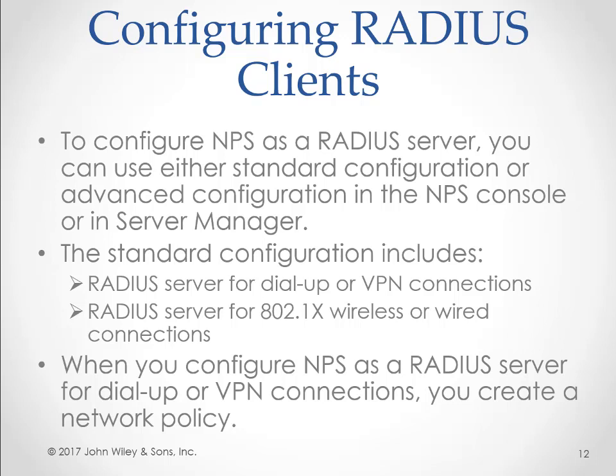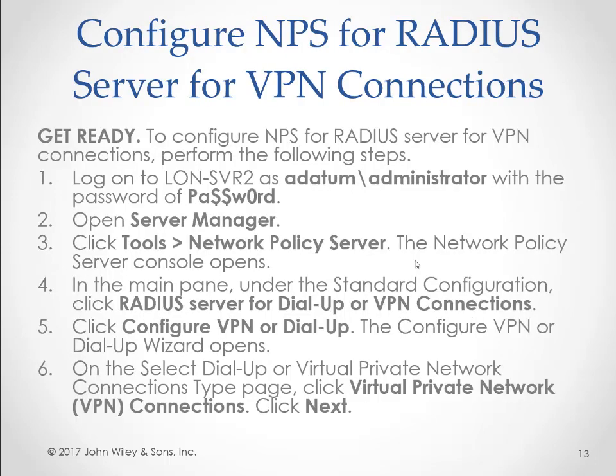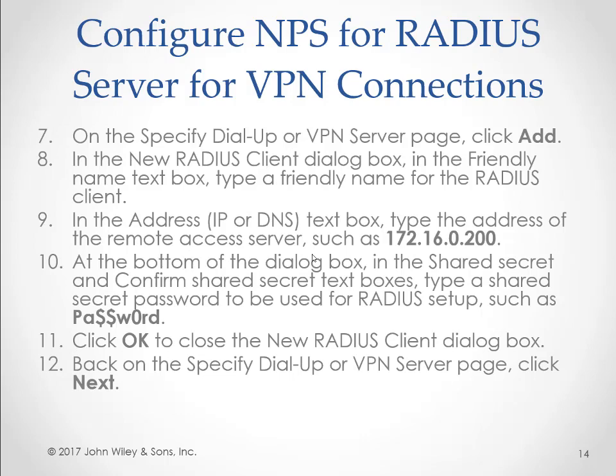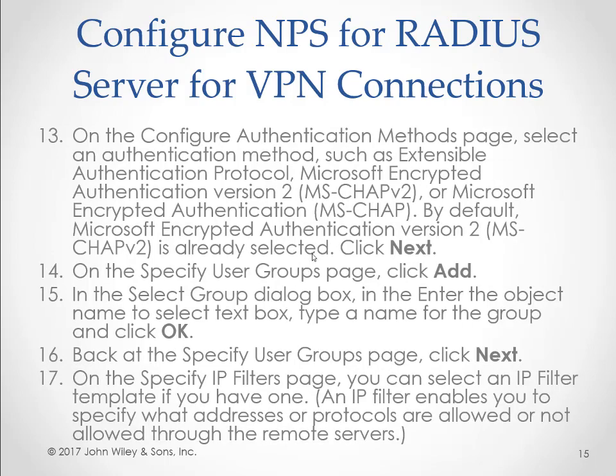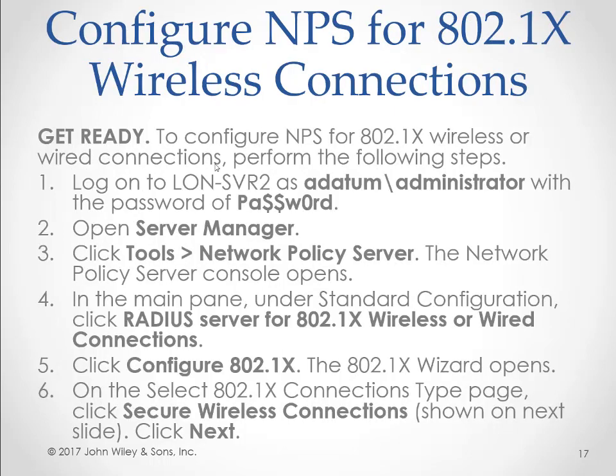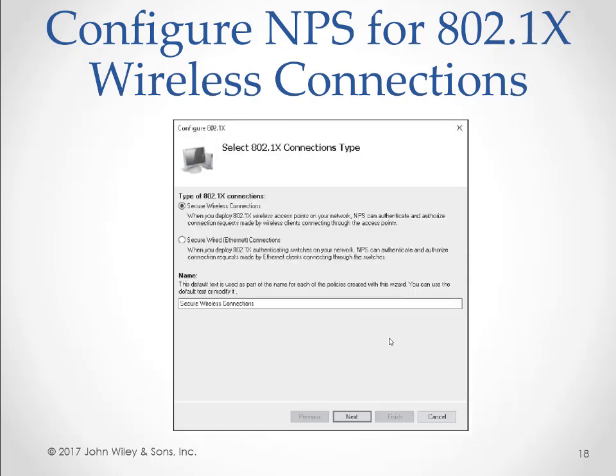When you're doing your lab, you're going to walk through the setup of that network policy, and here are those step-by-step instructions as well. They are all in your PowerPoint, the same way as we've seen time and time again. In a similar manner, if you were going to configure it for 802.1x or wireless connections, you would run through the wizard following these steps.